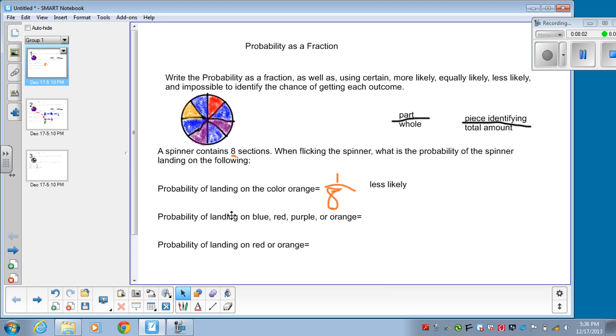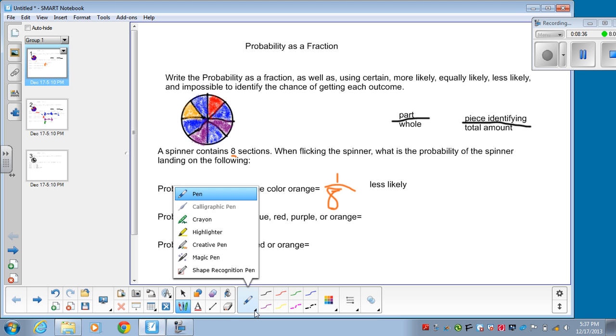Okay, the probability of landing on blue, red, purple, or orange. Well, let's see. Let's count the blues, the reds, the purple, and the orange. Count with me. 1, 2, 3, 4, 5, 6, 7, 8. Let's try doing rainbow.